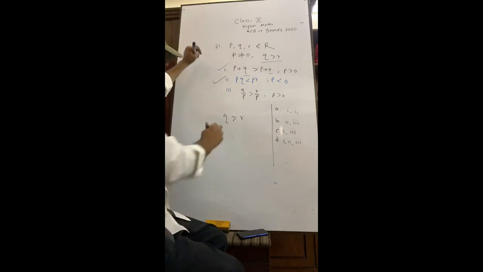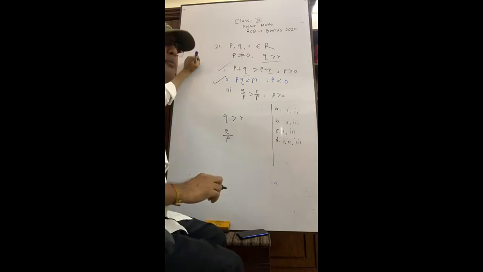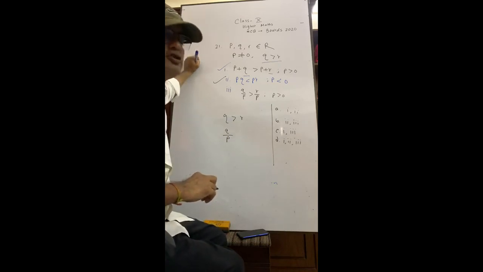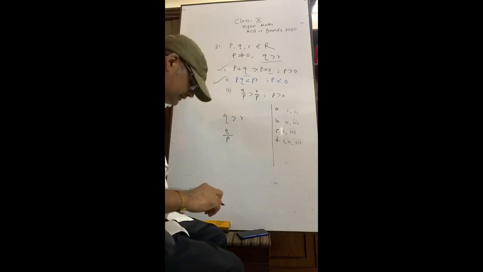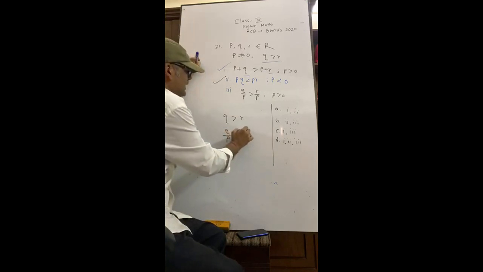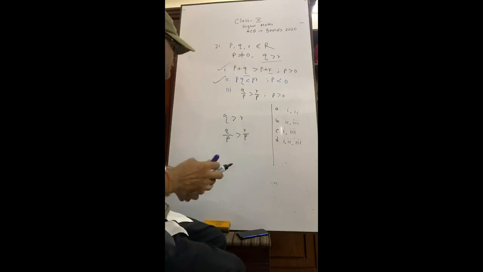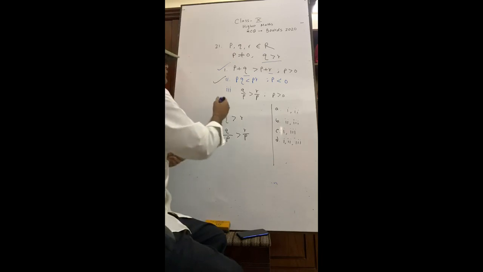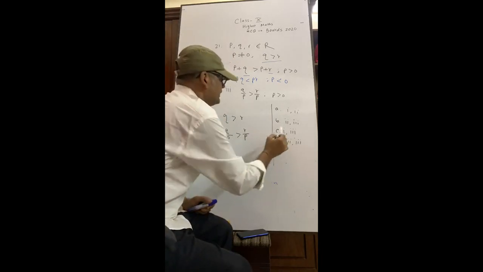So if we divide by a positive number, the sign of inequality does not change. Then Q by P is greater than R by P. I have divided both sides by P. So it is also our answer. So we are getting our answer as D.